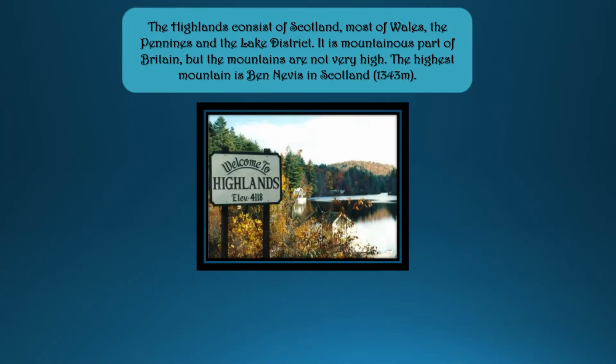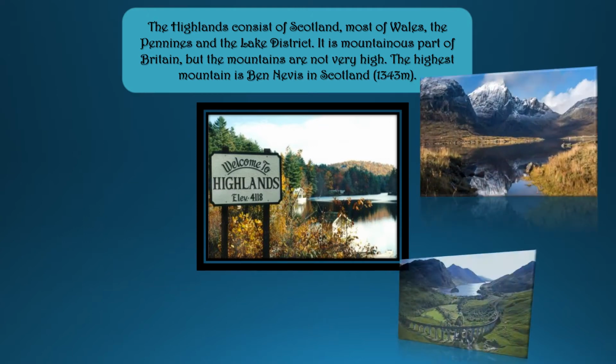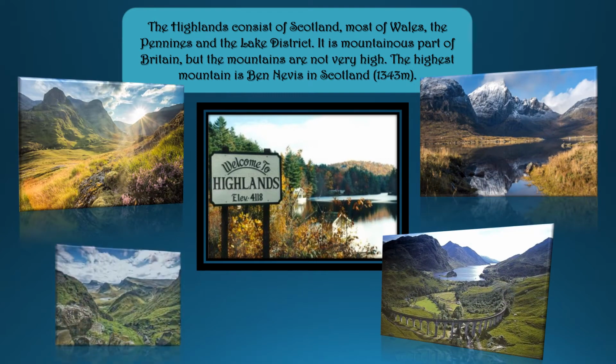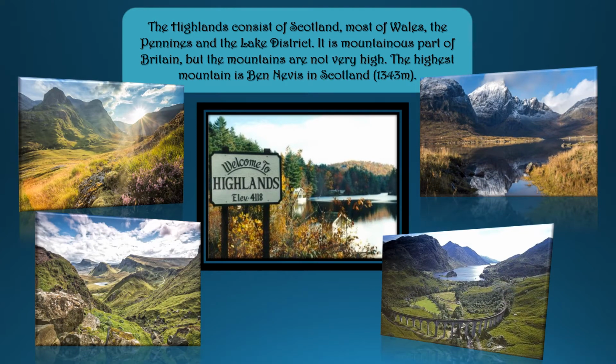The Highlands consist of Scotland, most of Wales, the Pennines, and the Lake District. It is the mountainous part of Britain, but the mountains are not very high. The highest mountain is Ben Nevis in Scotland, 1,343 meters.